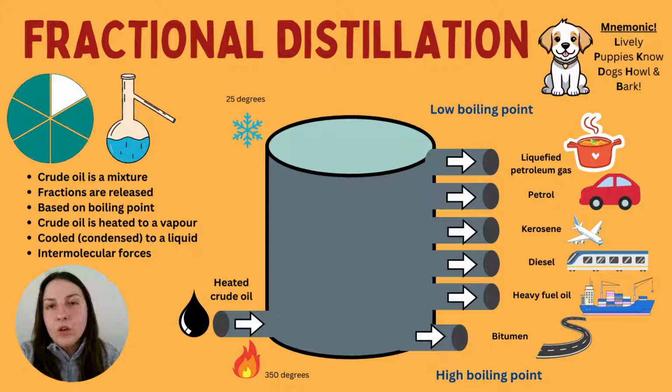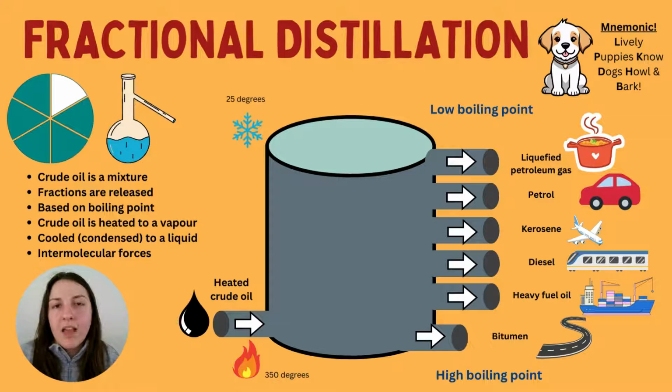However, some of the longer chain ones will have much higher boiling points, and they will be fractioned off depending on their boiling point. So the smaller the chain, the lower the boiling point, and this is all to do with something called intermolecular forces. Because hydrogen and carbon are connected through a covalent bond, if we have a mixture of hydrocarbons, it's not the covalent bonds that are breaking in this case.